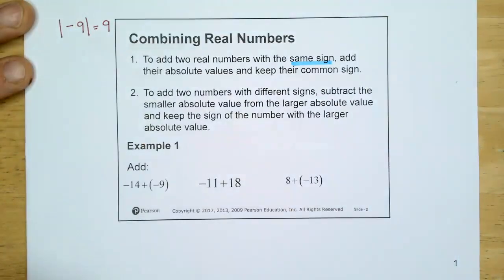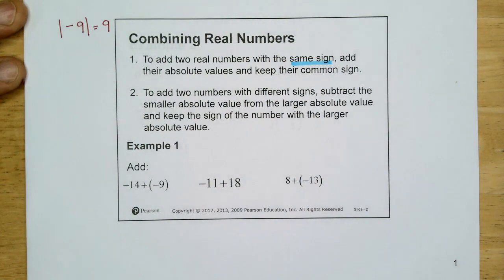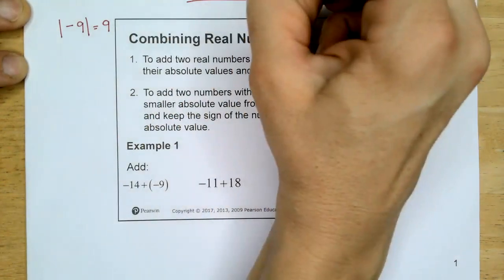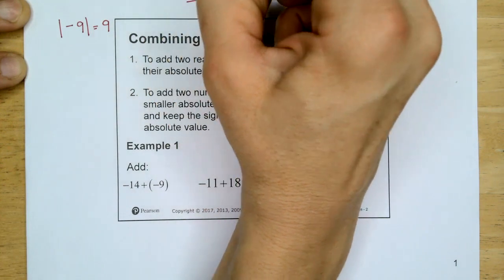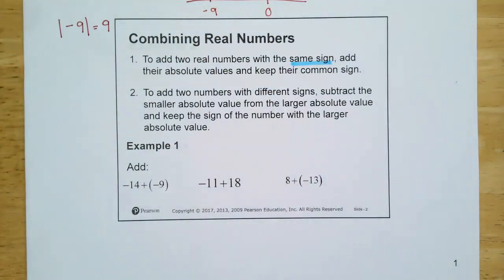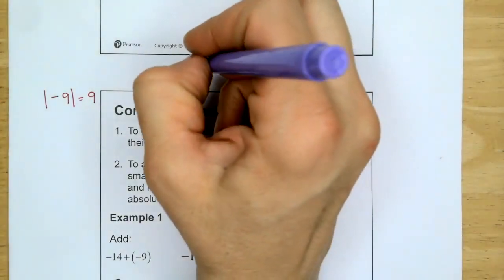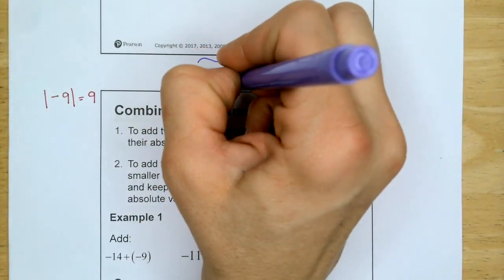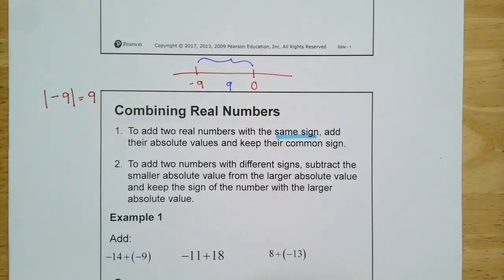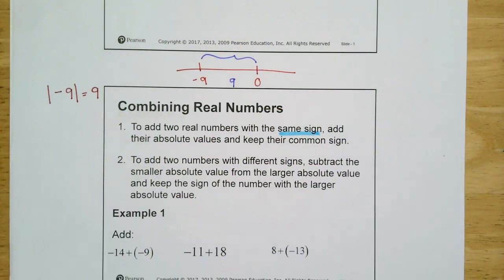When you hear the absolute value of a number, you're thinking of that number on a number line and how far that number is from the number 0. For example, starting with -9, -9 is 9 units from 0. So it'll always be a positive number.